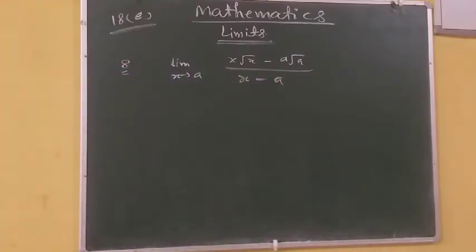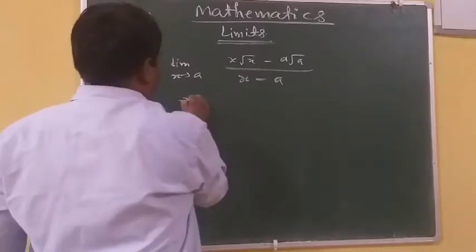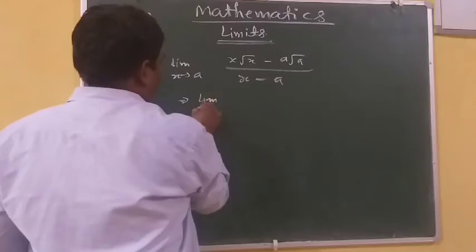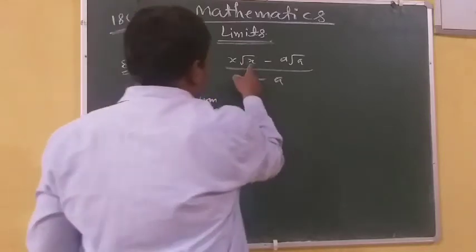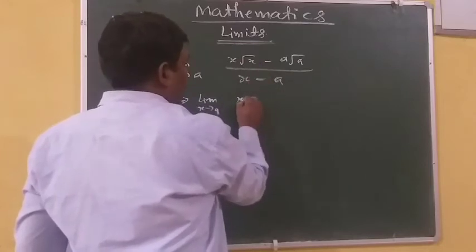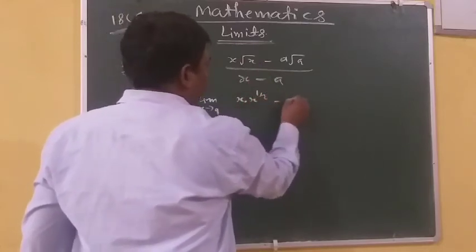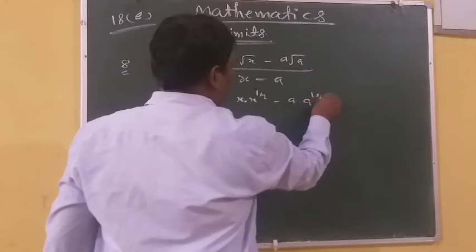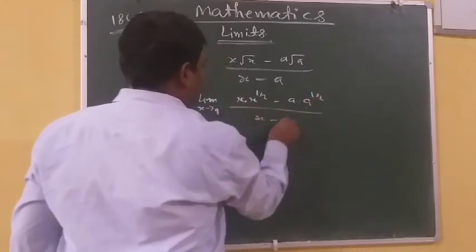See how can you solve it. Here you can write it as limit x tends to a, x into x power 1 by 2, similarly a into a power 1 by 2, divided by x minus a.